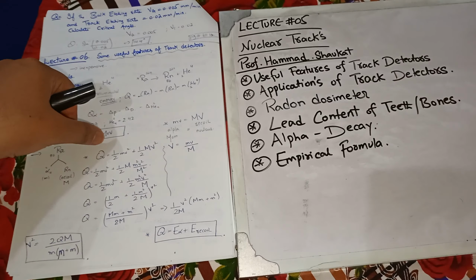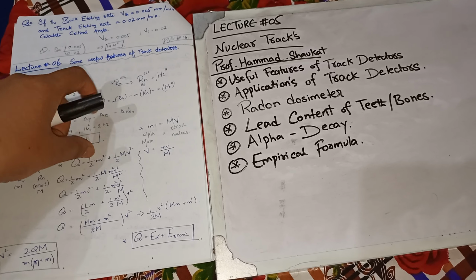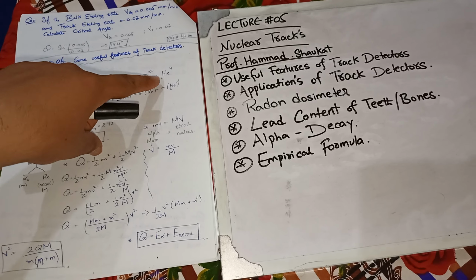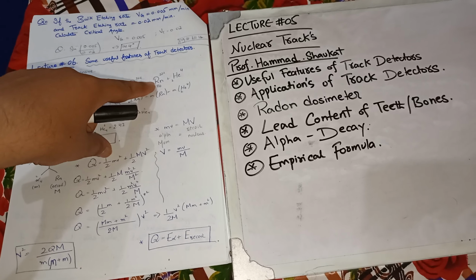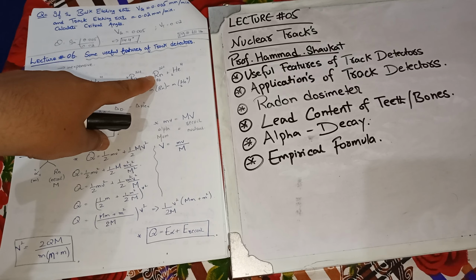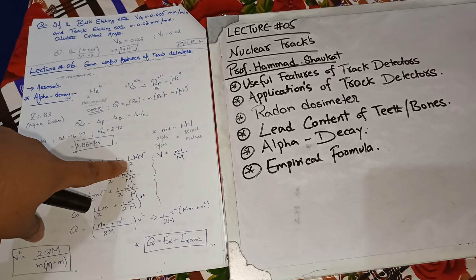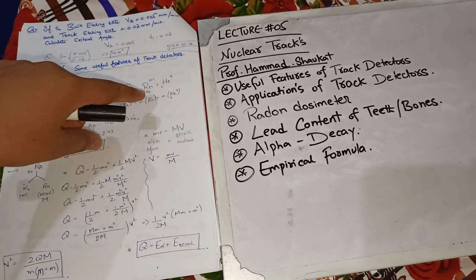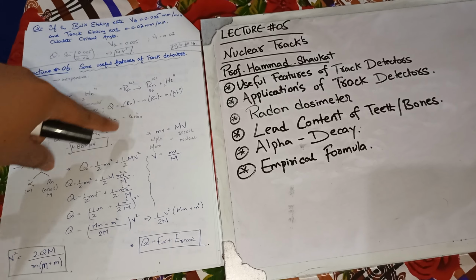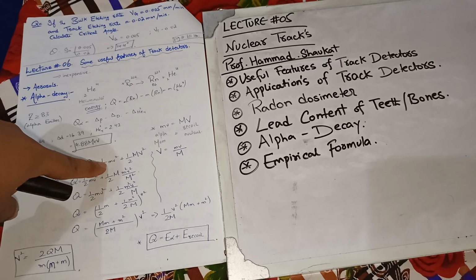So the total energy is the kinetic energy of radon plus kinetic energy of helium. For radon it is written as 1 by 2 capital M V square, and for helium 1 by 2 small mv square.